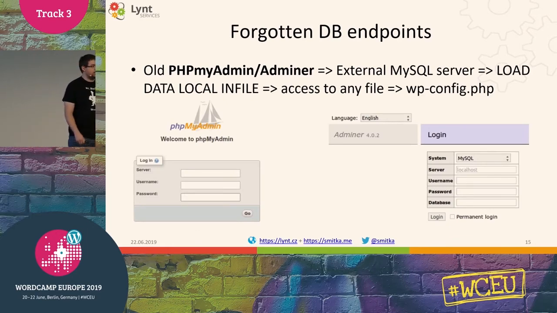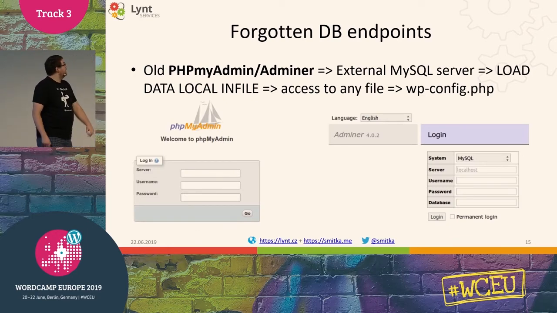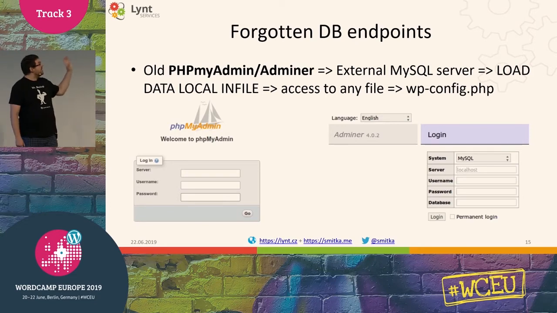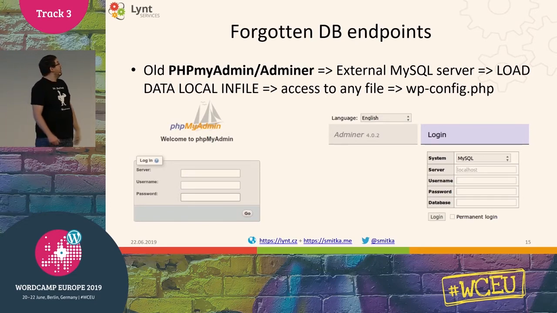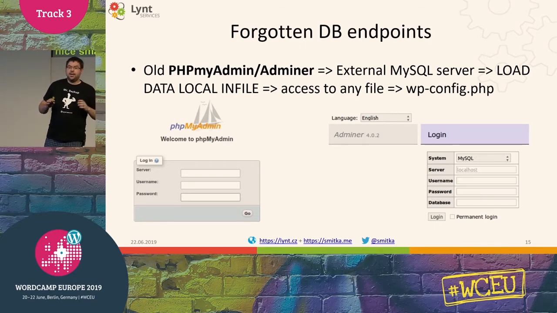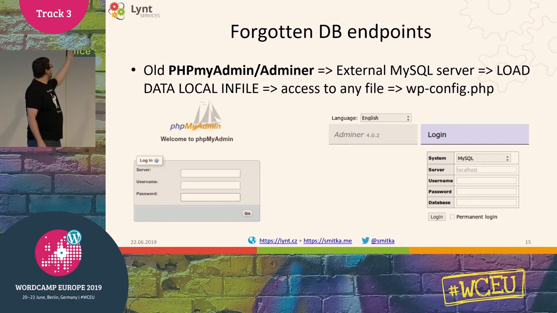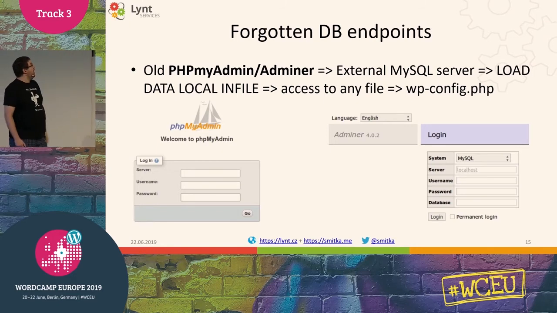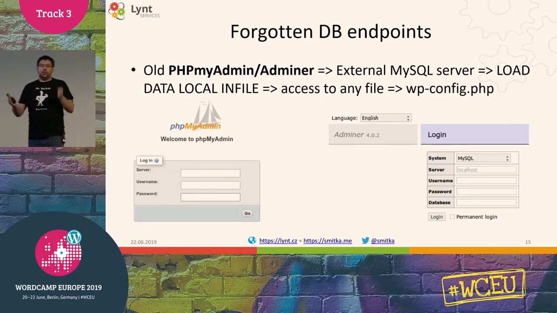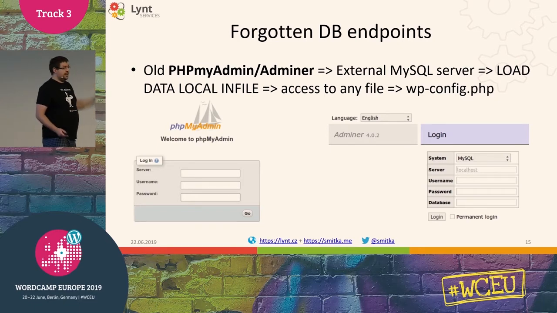Some developers also make a nice small backdoor to their site because they leave an unmaintained database management system on their server. For example, phpMyAdmin or Adminer. And you are able to use it, connect to your own remote database server, and steal any file from their server. Again, wp-config included.